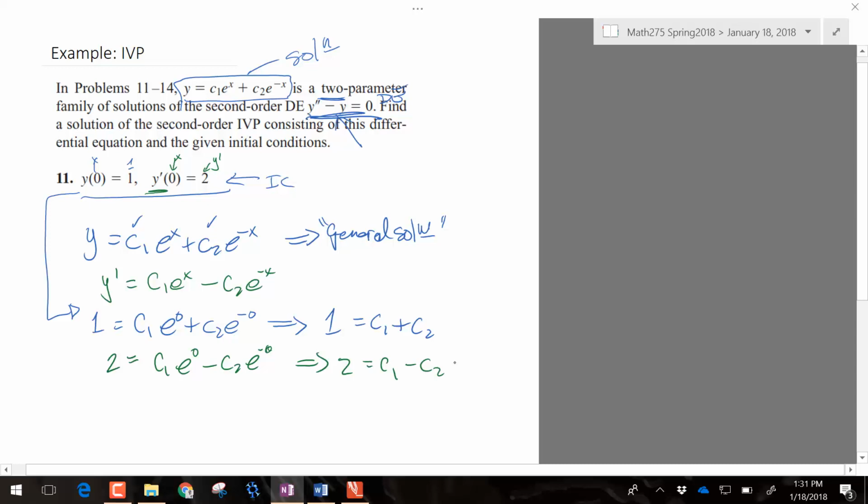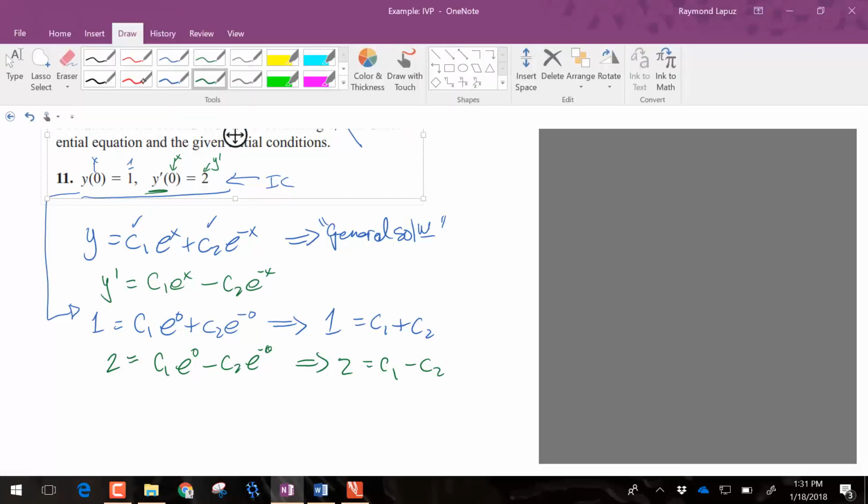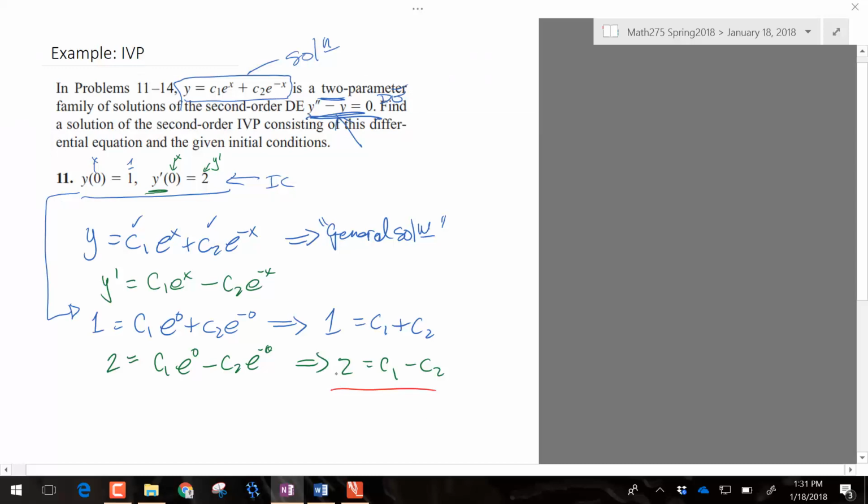Now we have a system of linear equations. If you were in a linear algebra class yesterday, you should know how to solve this, right? Let's solve it. It looks like we could just add them. I get 3 = 2c1, and the c2's cancel, so c1 is equal to 3 halves and c2 is equal to negative a half.